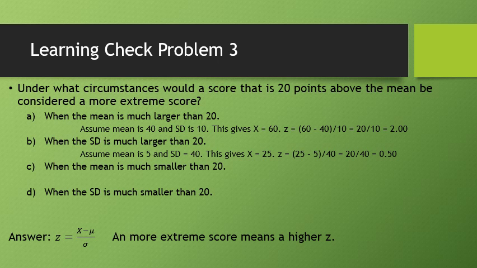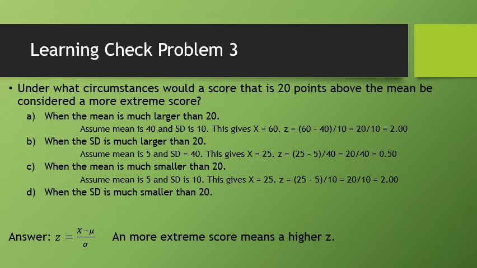We'll assume a normal mean, let's say 5, and the standard deviation is 40, because it's much larger than 20. This would give a score of x equals 25, because it's 20 points above the mean. Let's find the z-score: 25 minus 5 divided by 40, about 0.5.